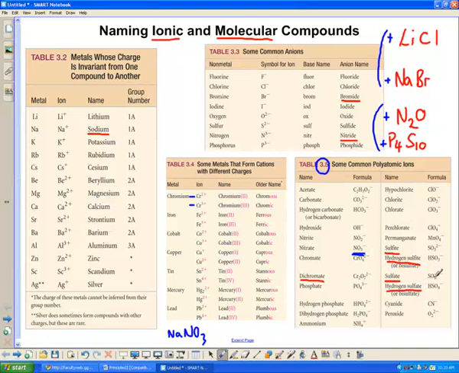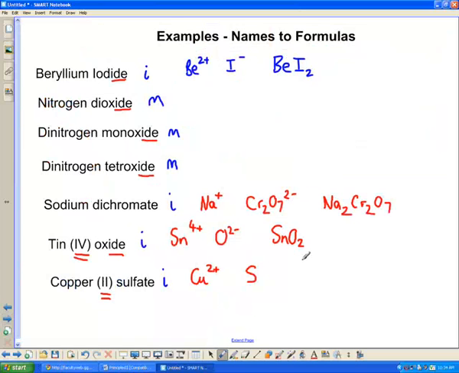This one, and that formula is SO4 2-. It's really important not to confuse sulfite and sulfate. They're very similar. SO3 2-, SO4 2-. So make sure you can distinguish that. SO4 2-. So therefore, the formula for this would be CuSO4 with 1 each because the charge is balanced.